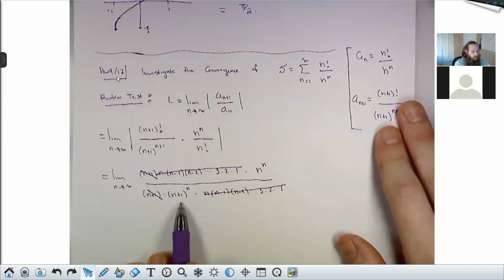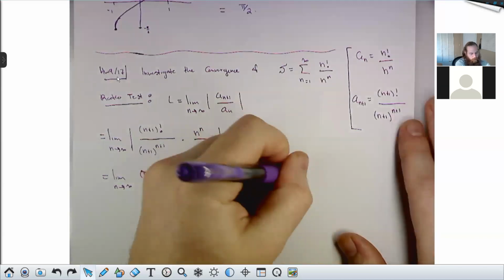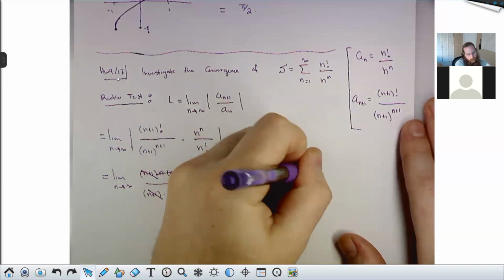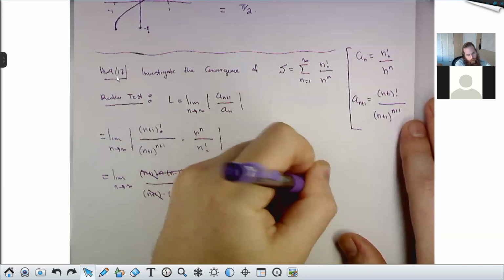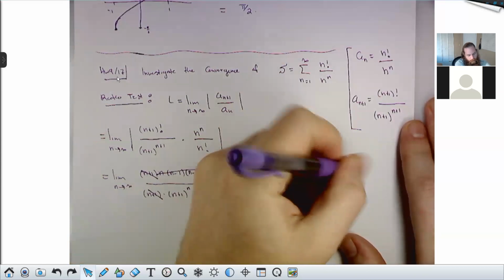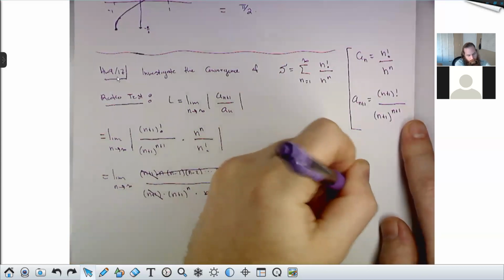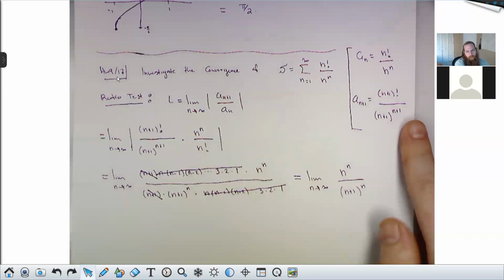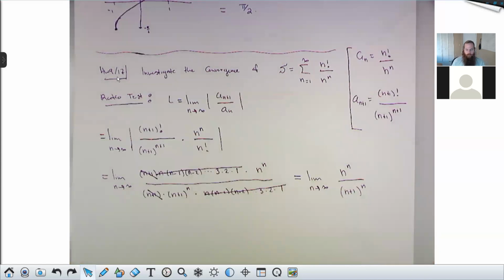So the two terms which survive are these. I'll have n^n over (n+1)^n. And I'd like you to take a second and think about what happened with the factorials there.